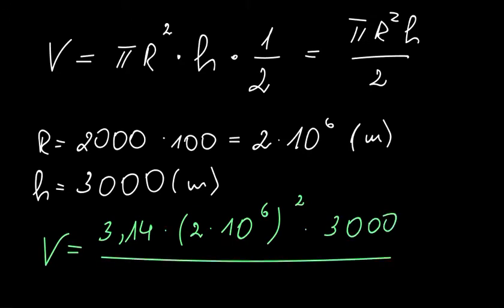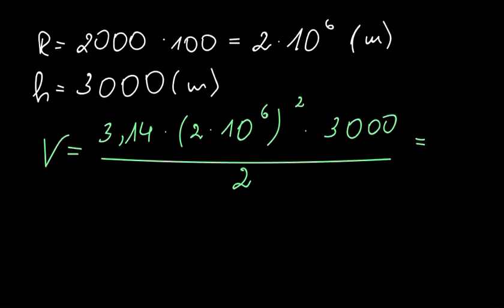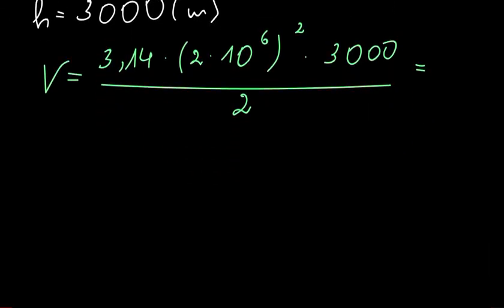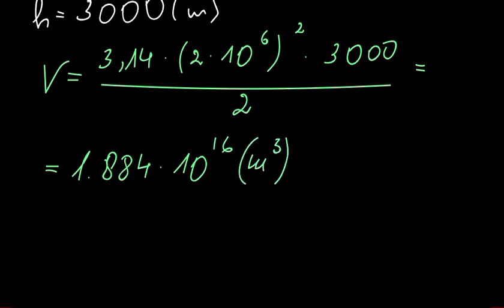You could also write this as 3 times 10 to the power of 3, and divide it all by 2. Now, once you calculate this, you'll get that this is equal to 1.884 times 10 to the power of 16 cubic meters. However, we are asked to find the volume in cubic centimeters.